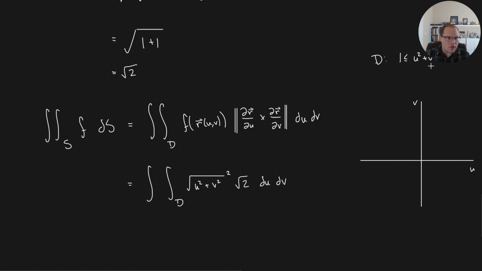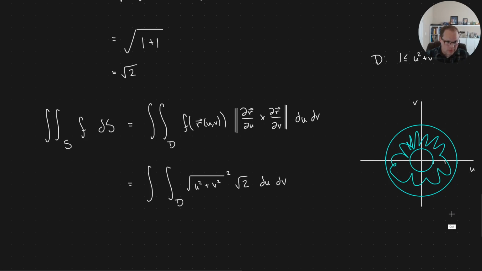Now in the UV plane, that means we're getting the region between a circle of radius 1 and a circle of radius 3. And region D is this interior region here. Okay?